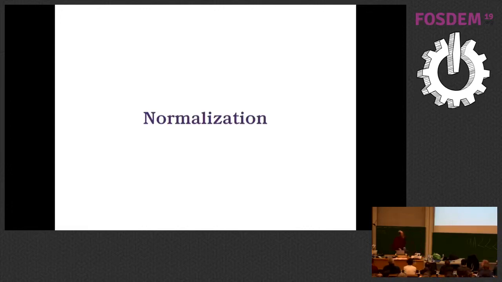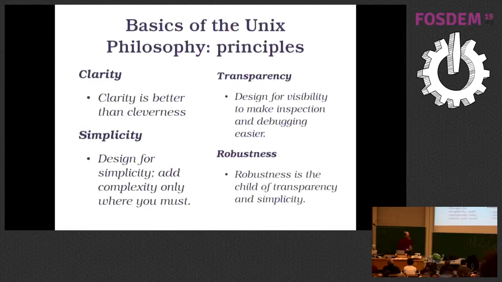So normalization, what does it mean? Basically, it's following a set of principles that allow us to think about the schema in a theoretical and practical way. Those are a few of the rules that are in a book from the 70s, 80s about the basics of the Unix philosophy with strong principles.